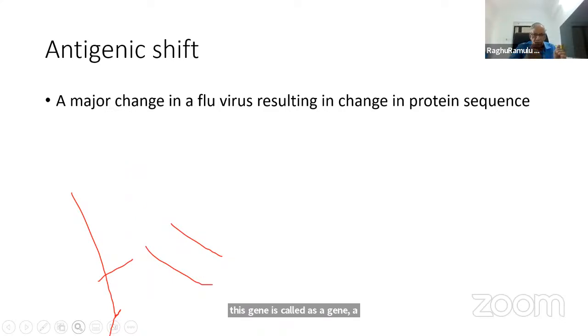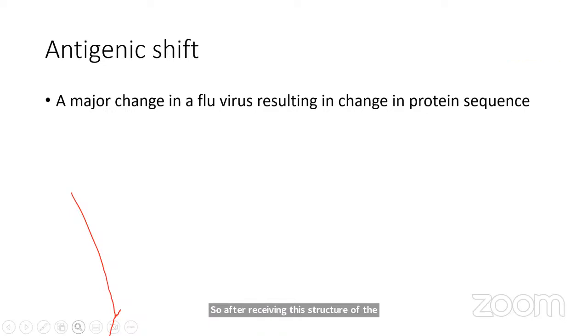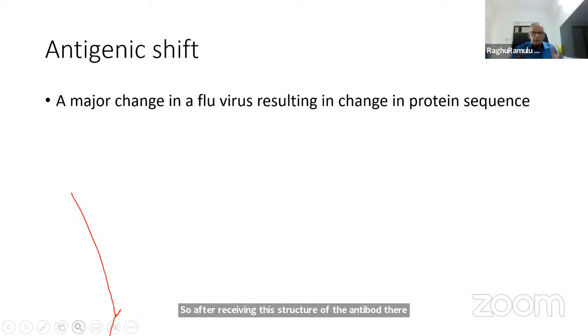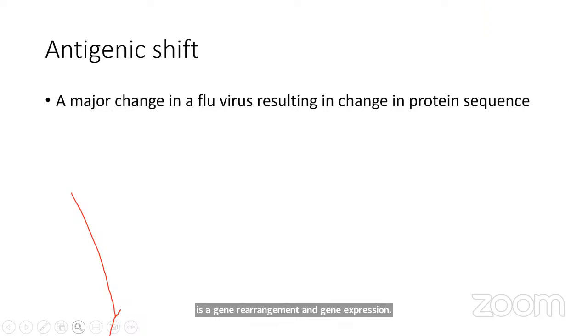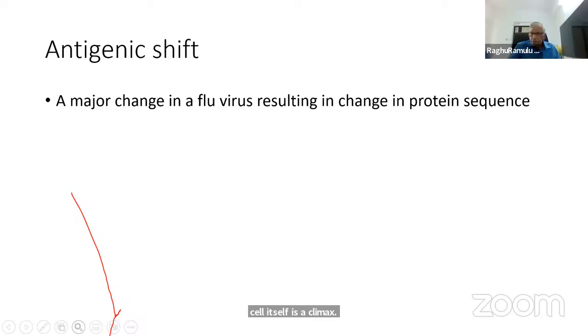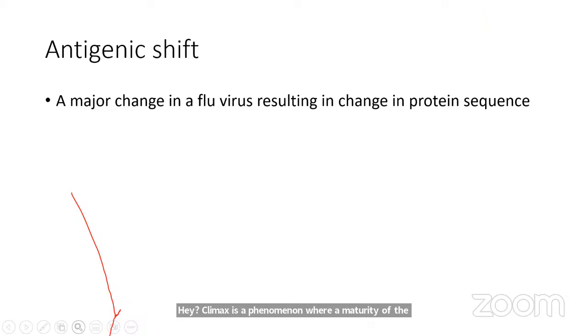So after receiving the structure of the antigen, there is a gene rearrangement and gene expression by means of this B cell. The plasma cell becoming a B cell itself is a climax. What is a climax? A climax is a phenomenon where the plasma cell matures into a B cell.